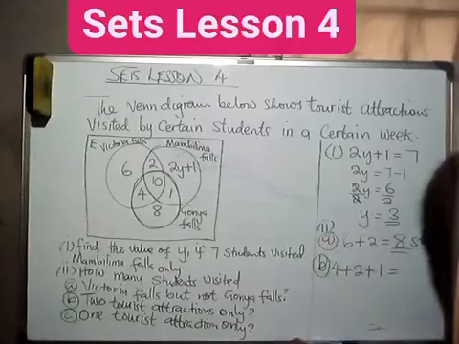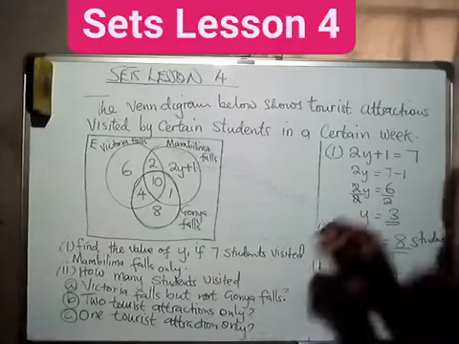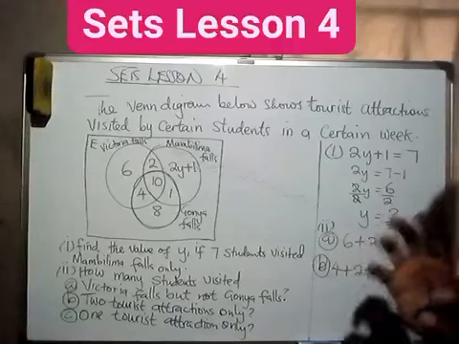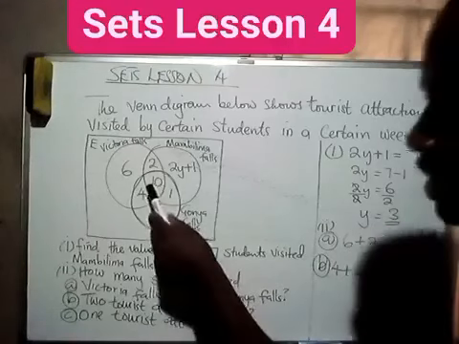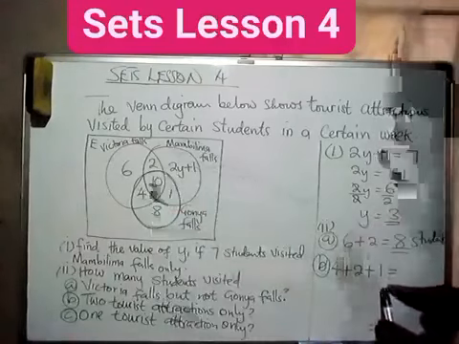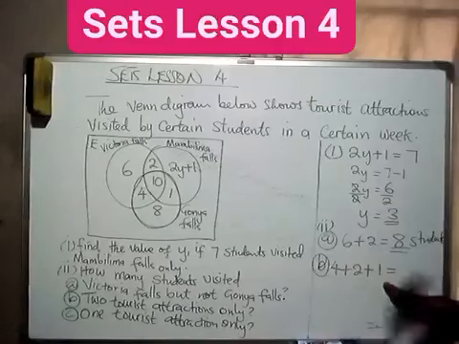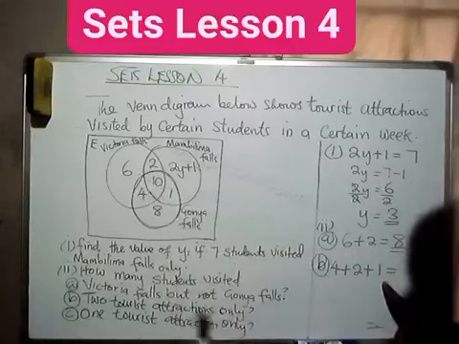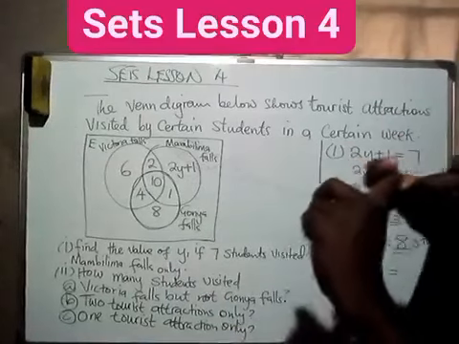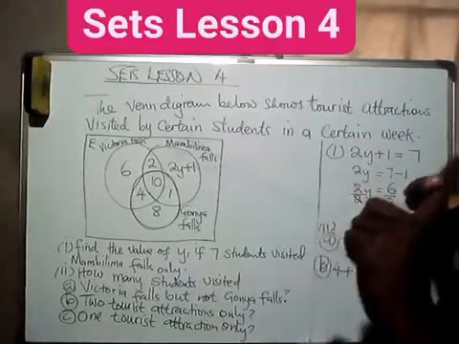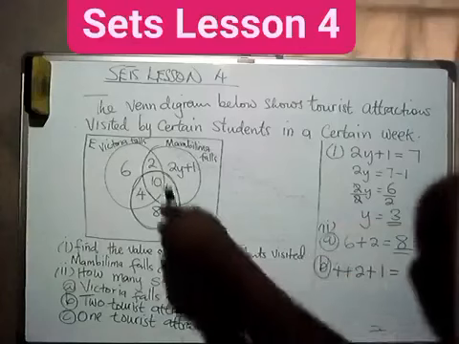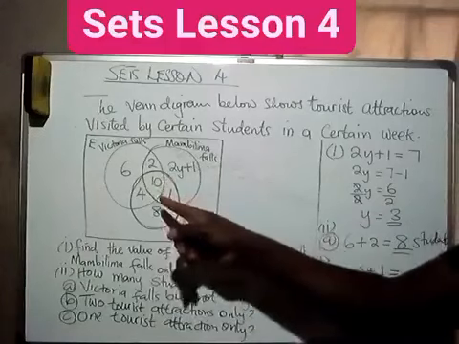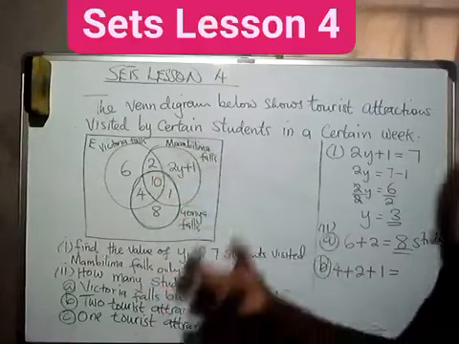If the question was those who visited the 2 tourist attractions, the 10 would have also been included here. But since there's the word only, 10 is not included, because our interest is only in those who visited exactly 2, and the 10 students visited the 2 and more than 2.